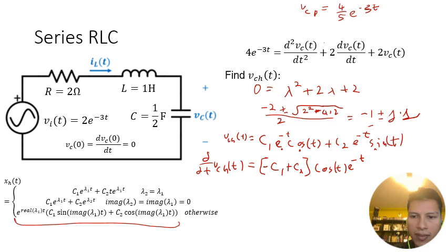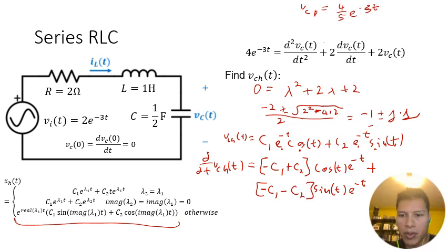The derivative of cosine is negative sine, so negative C1 e^(-t) sine t added to that. And the derivative of the exponential gives us negative C2 e^(-t) sine t. Okay, so we have our derivative for this equation.